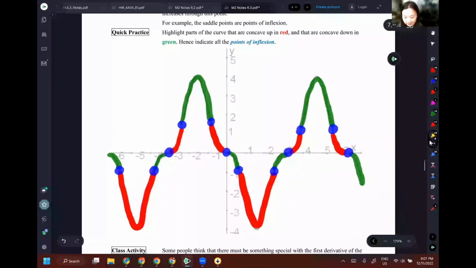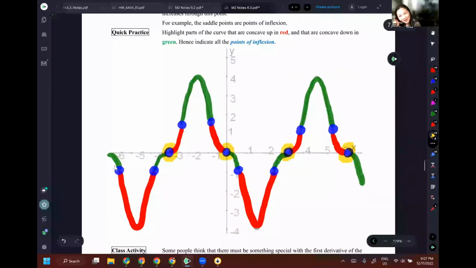Long time ago, we talked about this, and at that time, a lot of students only realized that the saddle points are those points. But these ones are also points of inflection, as you learn today. It may not be so easy to spot.